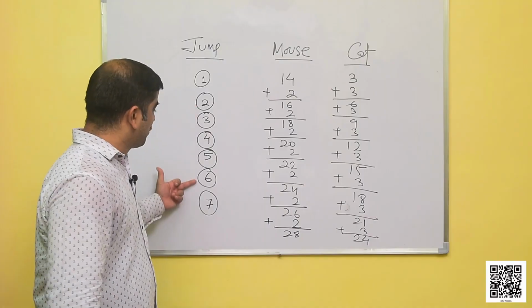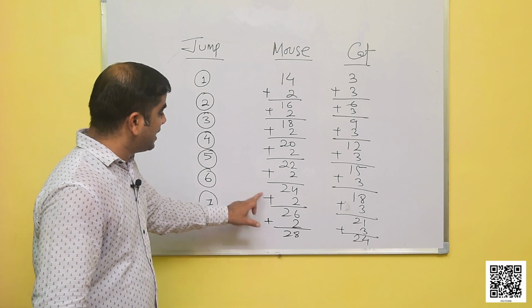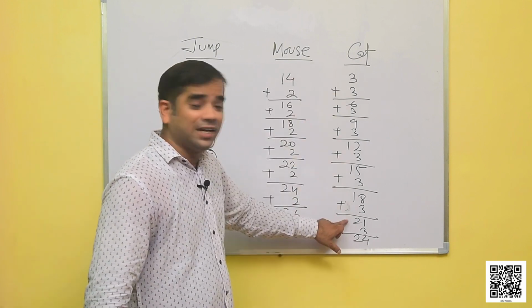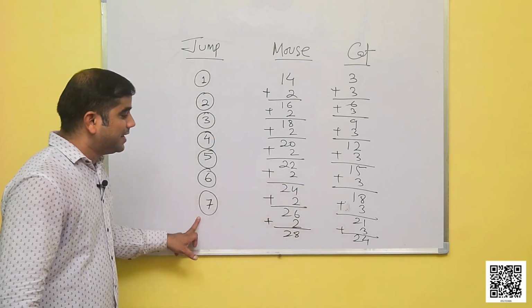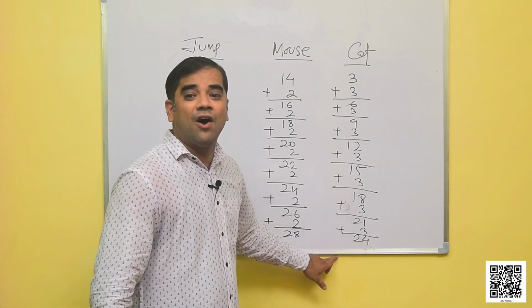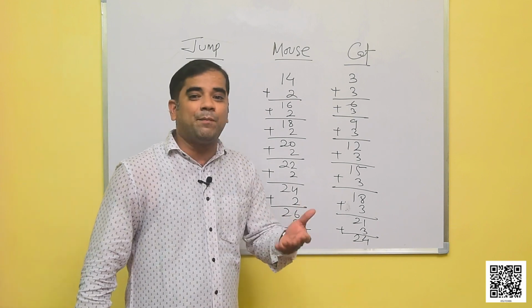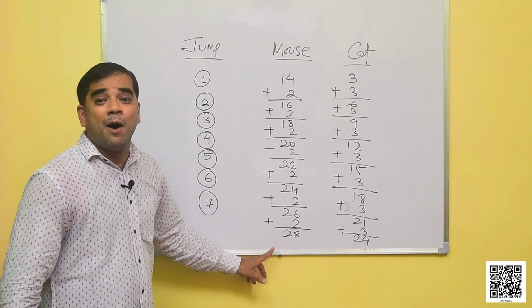Same way, up to the 6th step, the mouse is on the 26th step, but the cat is at the 21st step. So on the 7th jump, the mouse will move to 28, but the cat is still on 24th. So in this way, if they keep on going, the cat will never be able to catch the mouse.